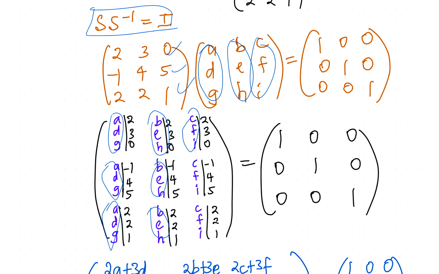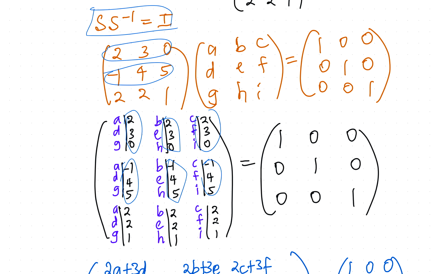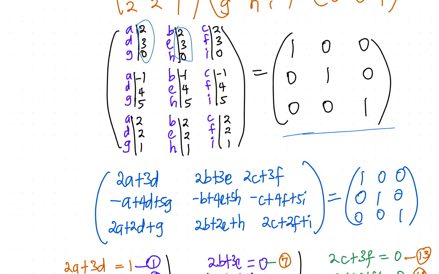And of course, with that done, you bring 2 3 0 on the whole of the first row, and minus 1 4 5 on the second row all through. 2 2 1 goes on the third row. And of course, you maintain the unit matrix 1 0 0, 0 1 0, 0 0 1.